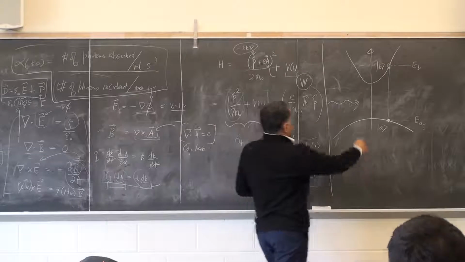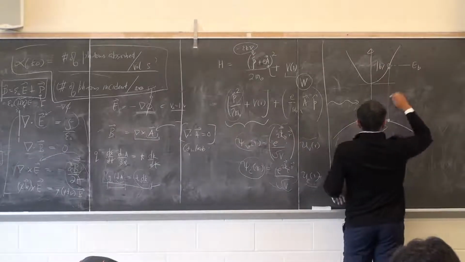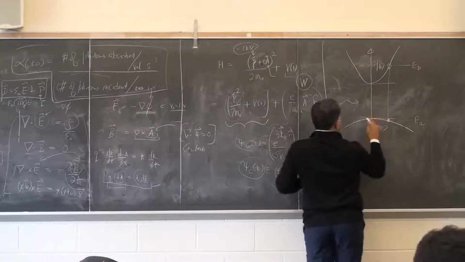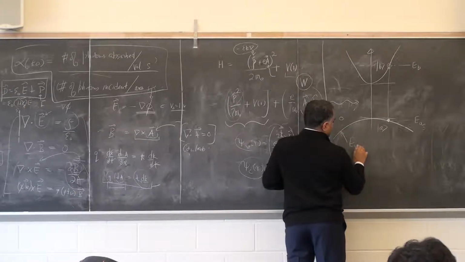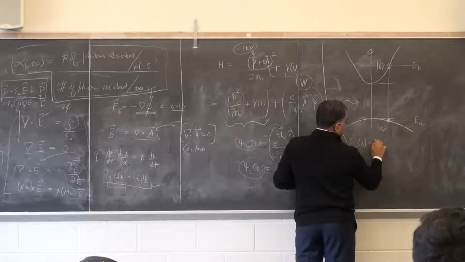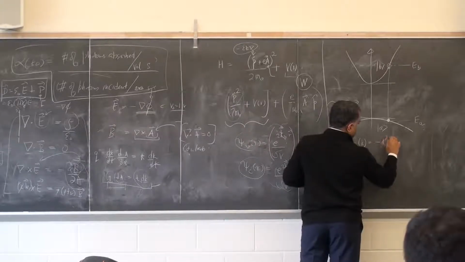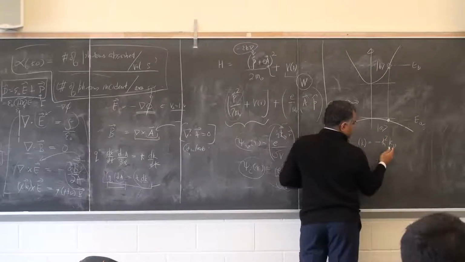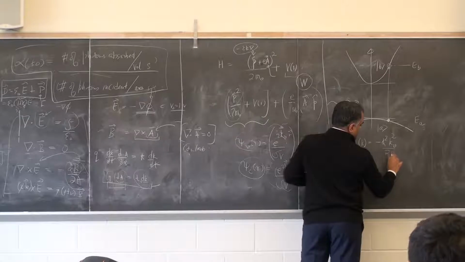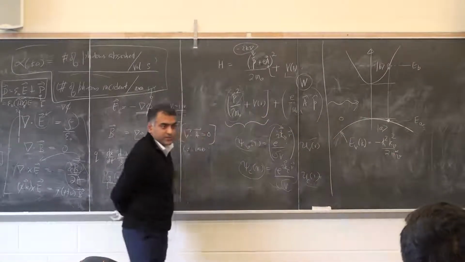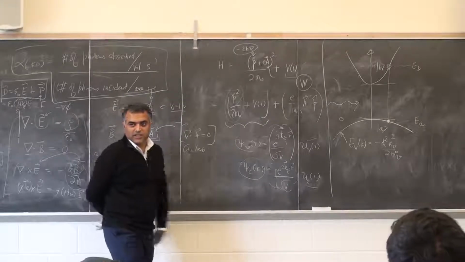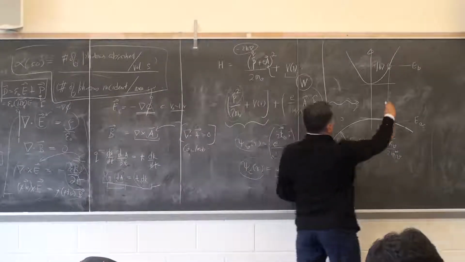Okay, so the minimum here, again, we're going to label as 0 and write all the valence band states as minus h-bar squared k valence squared over 2 times the valence band effective mass. Is that clear? I'm just rewriting the band structure in this way.